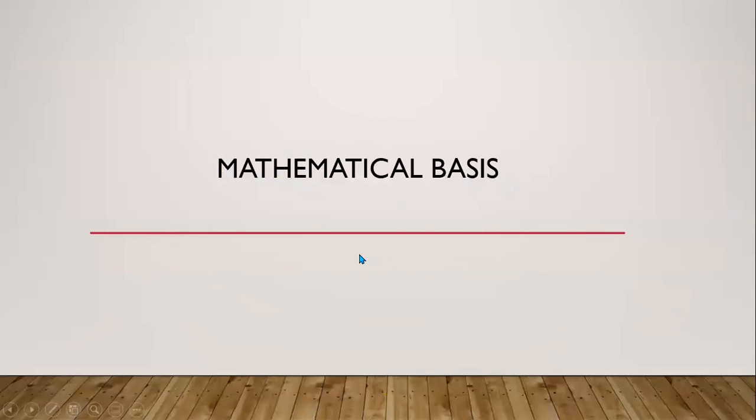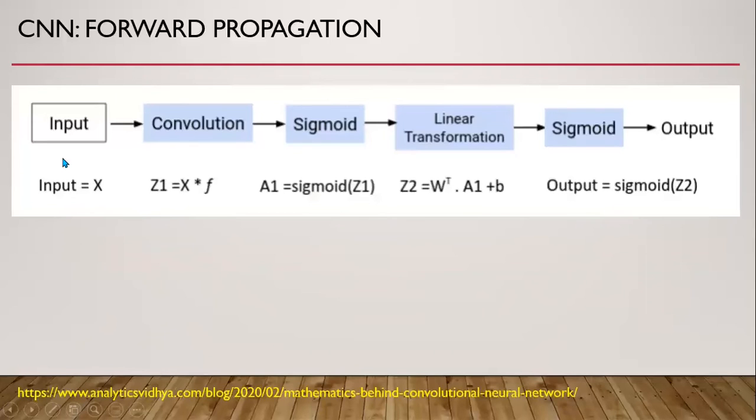So what is the mathematical basis of convolutional neural networks? This is the forward propagation. There is an input image X. Then we do the convolution, which is denoted by X asterisk F. And this F is nothing but the filter. And we need to learn the values of these filter weights or shared weights. Then there is an activation function, usually a sigmoid function. We may use some other function.